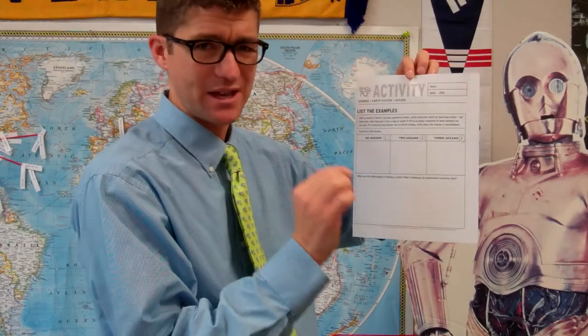Now, speaking of oceans, we do have one assignment that is due tomorrow. It is this activity on oceans. We started this in class on Friday, really basic. Didn't get a lot done on Friday. We worked on it today in class a little bit, and students are bringing it home tonight.